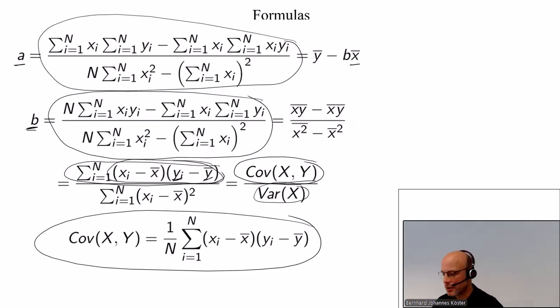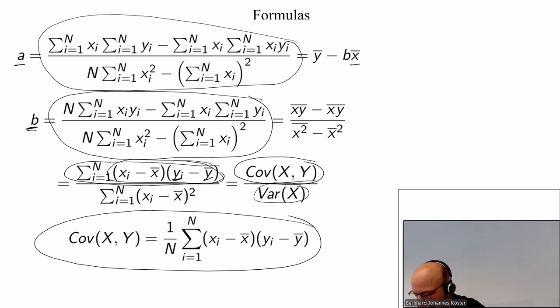If we look especially at the calculation of B, we see we need the sum of all x, the sum of all y's, and the sum of the products: x1 y1 plus x2 y2, and so on.